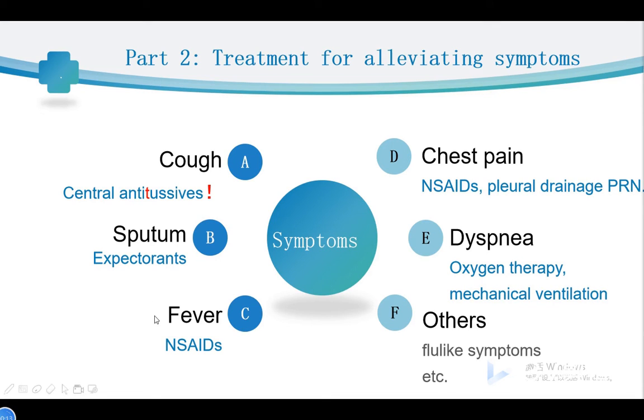If the patient gets a fever, NSAIDs can be used to control the temperature when it is more than 38.5 centigrade. And if the patient gets chest pain, we can also dose NSAIDs to control the pain.